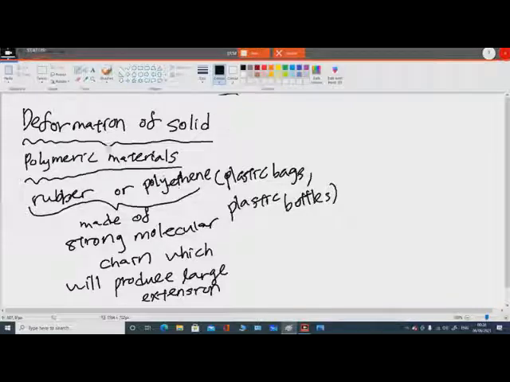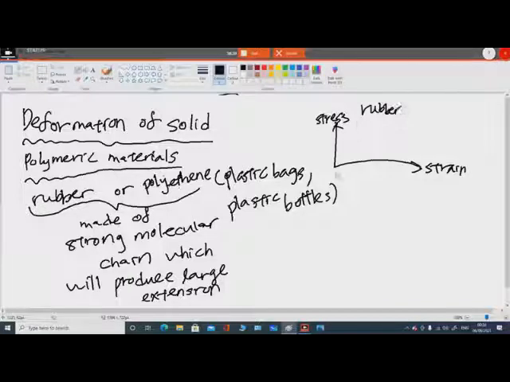Although these two are made out of polymeric material with the same property, rubber and polyethylene still have different stress strain graphs. Let's talk about rubber first. Stress, strain. This is for the rubber.